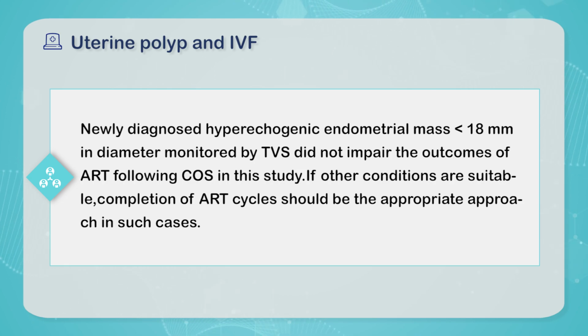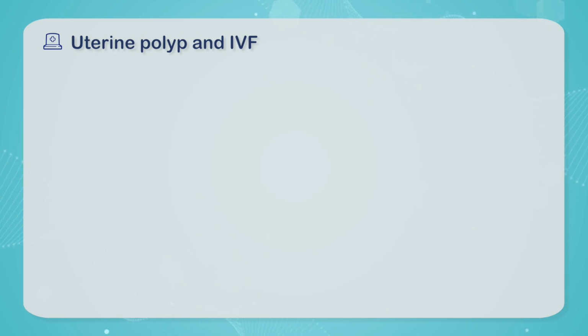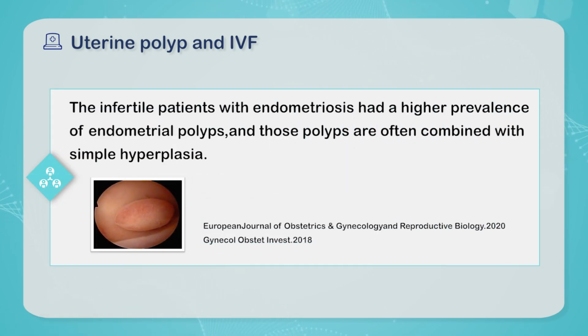If other conditions are suitable, completion of ART cycles should be the appropriate approach in such cases. Infertile patients with endometriosis had a higher prevalence of endometrial polyps, and those polyps are often combined with simple hyperplasia.